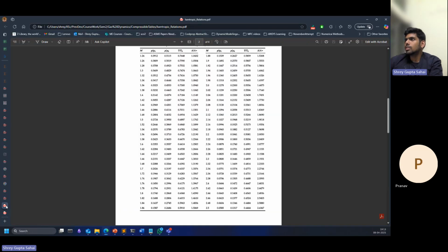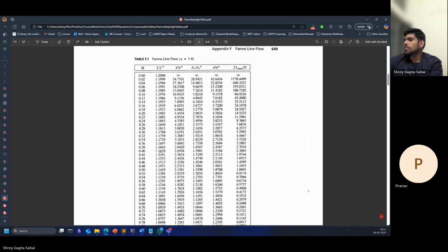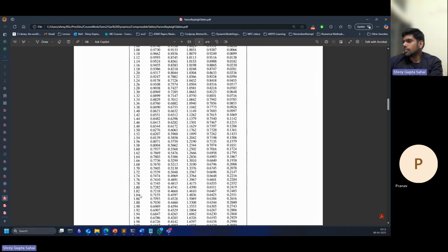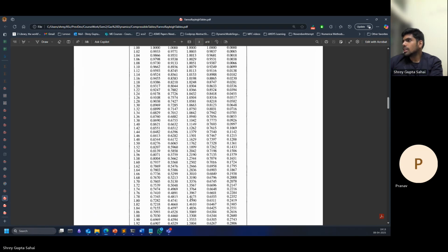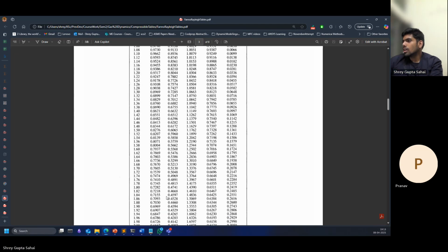Rayleigh flow tables. So for 1.84, we get a total pressure ratio of 1.48.